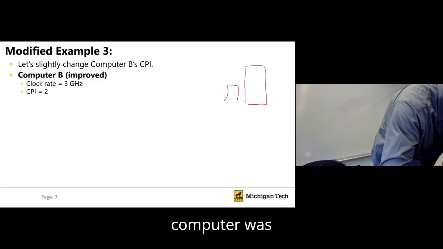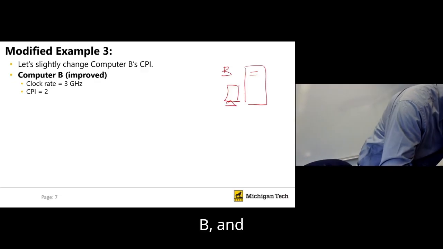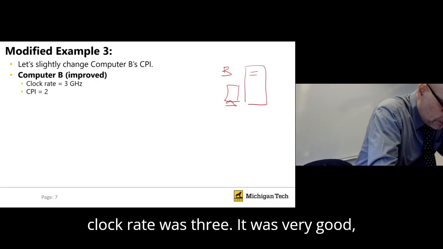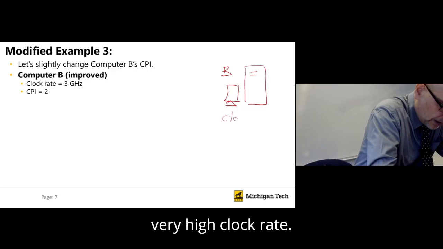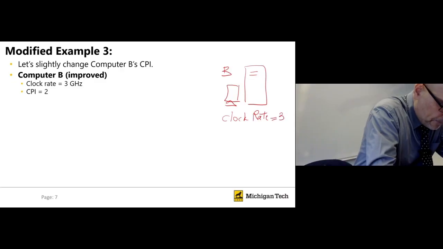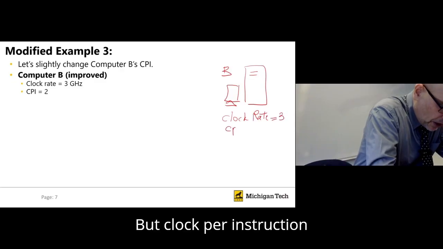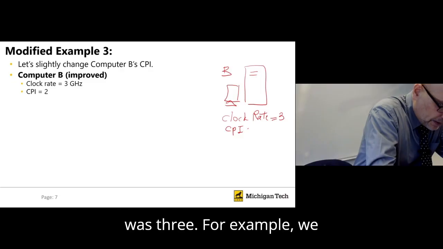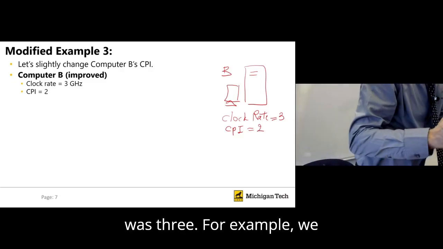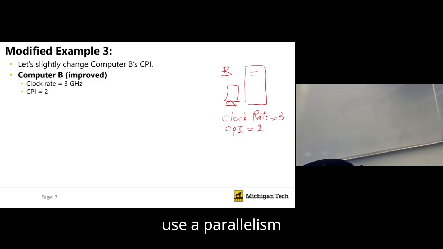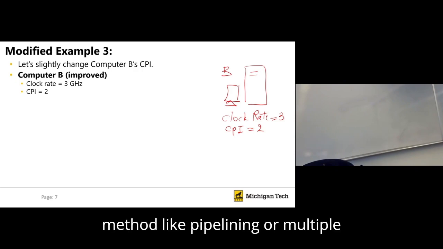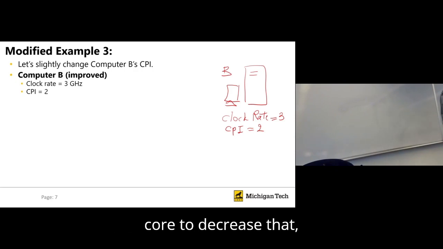This computer was B, and the clock rate was 3. It was very good, a very high clock rate. But clock per instruction was 3. For example, we use a parallelism method like pipelining or multiple cores to shrink that to 2.